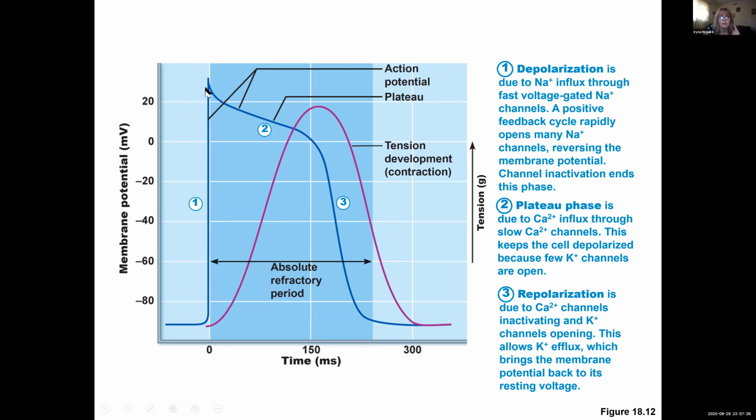And then we have a period of time over here. We don't go straight down to resting potential. This is the plateau, and the plateau is characteristic of your cardiac cells. So we have this plateau, and then we have repolarization back to the resting membrane potential. So that's what it says here.